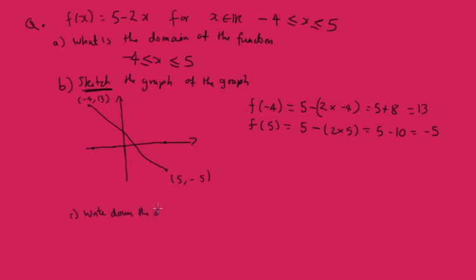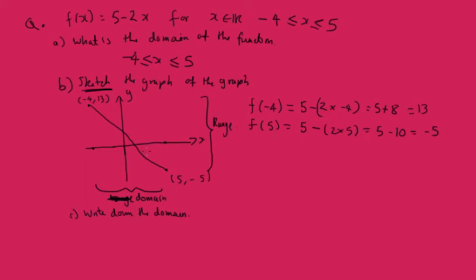Now, let's think about it. The domain's the input values, the values of x. Now the range is the output values, or what we get for f of x, or what we'd have along the y-axis. So this must be the range.